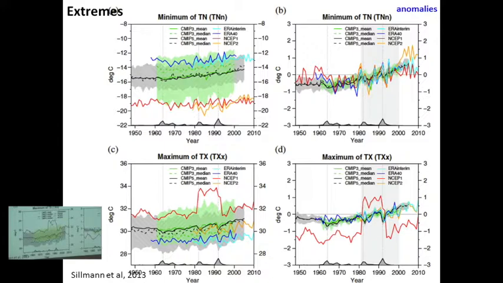NCEP 1 is not taken anymore for studying. And here is the CMIP5 result. The maximum is increasing as well. We can see by the anomalies that it is increasing very much in the last years.